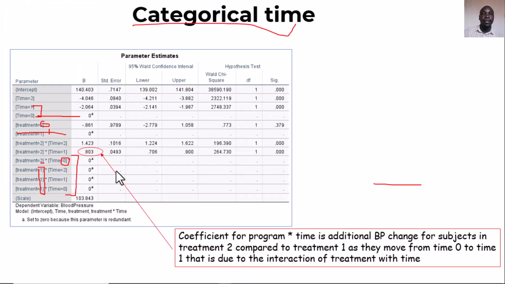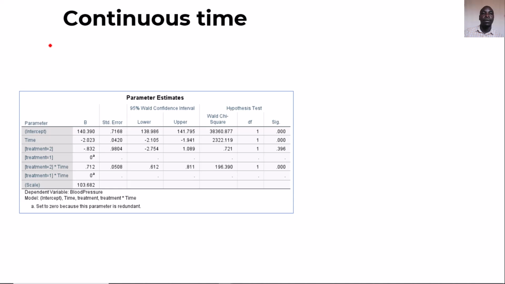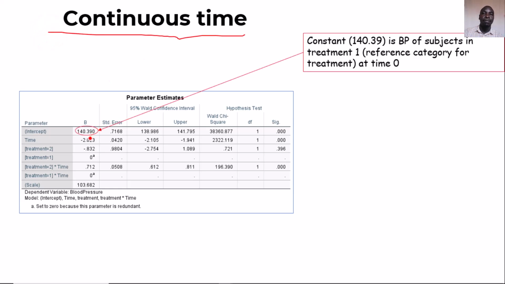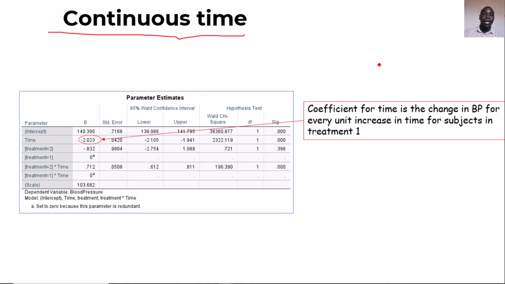So in that case, where you're considering time to be continuous, then it means your intercept is still the blood pressure of subjects in treatment 1, which is the reference group for treatment, at time 0, or at the start of the study. Then where you have now time as continuous, we are saying this is the change in blood pressure for every unit increase in time for subjects in treatment 1.